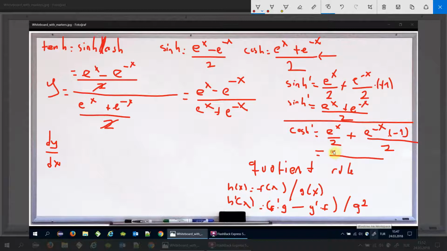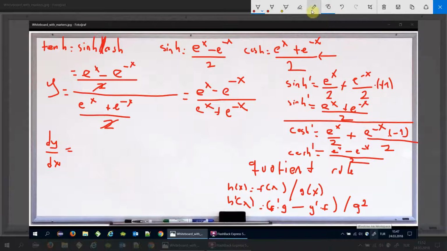Now this is equal to e to the power of x minus e to the power of minus x over 2. Notice that that's the actual value of sinh. In other words, the derivative of sinh is equal to cosh, and the derivative of cosh is equal to the sinh value.